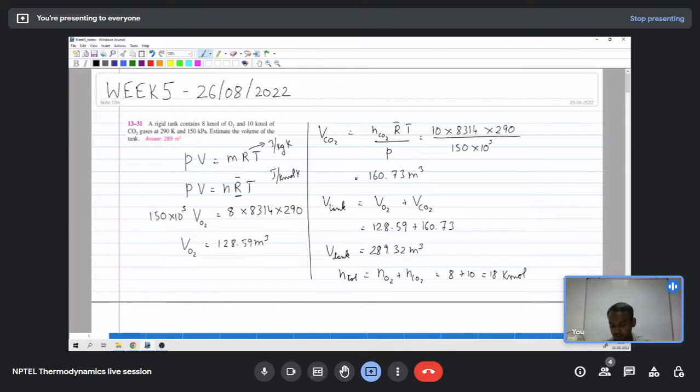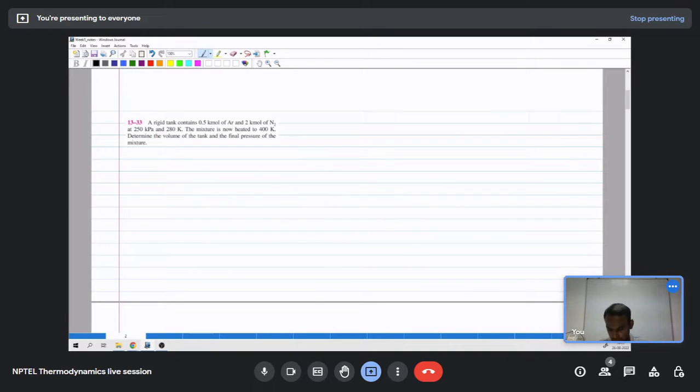Since both are at the same pressure and temperature, I can also write PV is equal to N total R bar T, and if I calculate V, it will be the same. So it will be 18 into 8314 into 290. I hope there are no other questions. Then we move to the next problem.